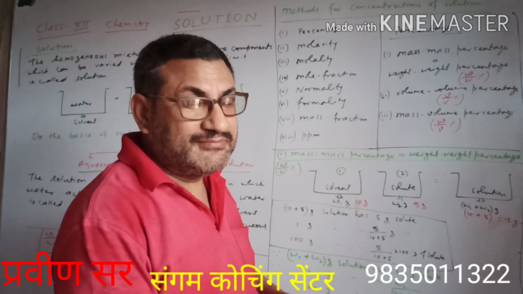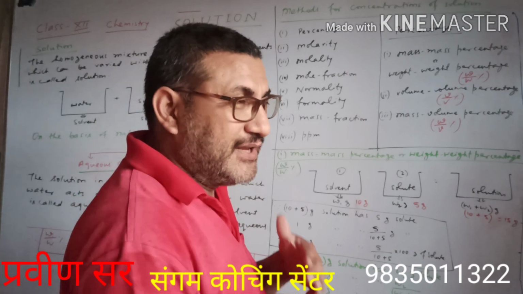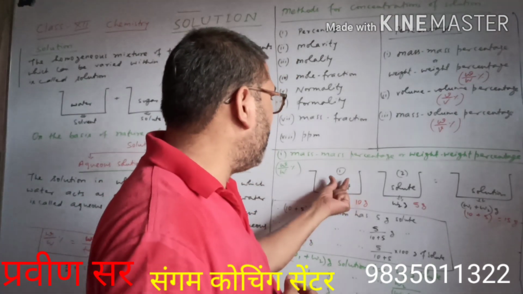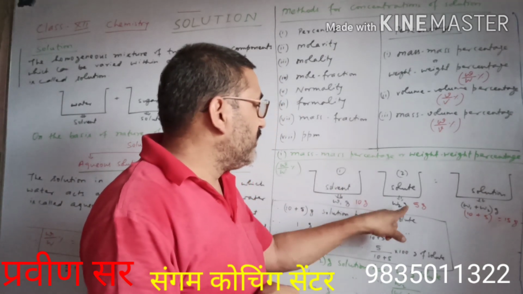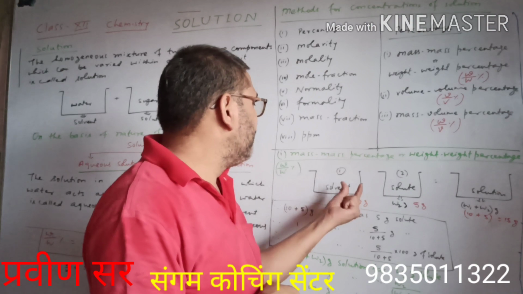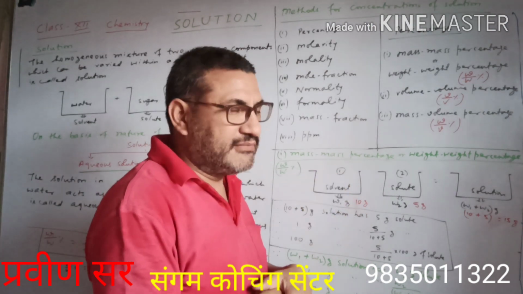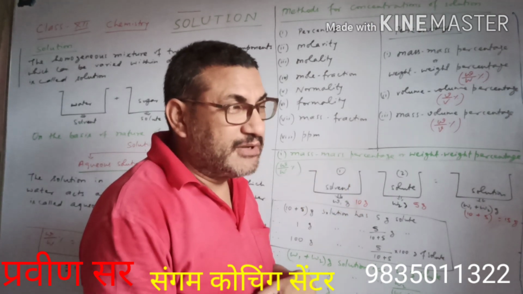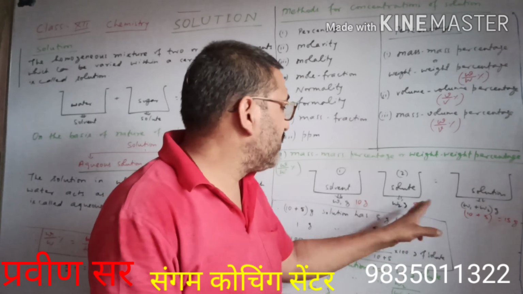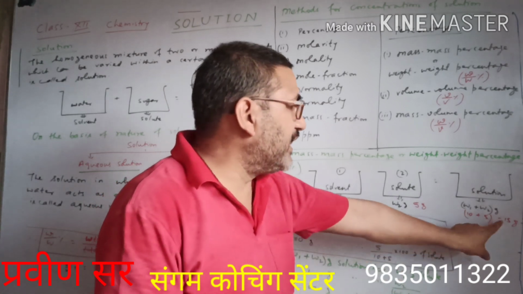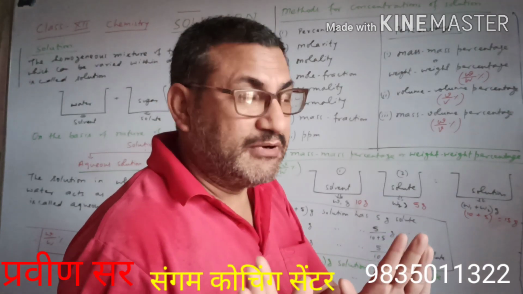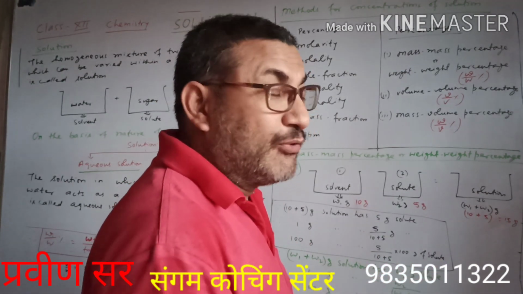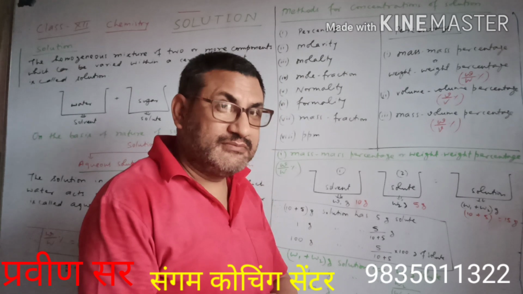Suppose I have 10 gram of water and we put 5 gram of sugar in this water. How much is the syrup? The syrup is 10 plus 5, that means 15 gram. It is our calculation. How can you obtain percentage?